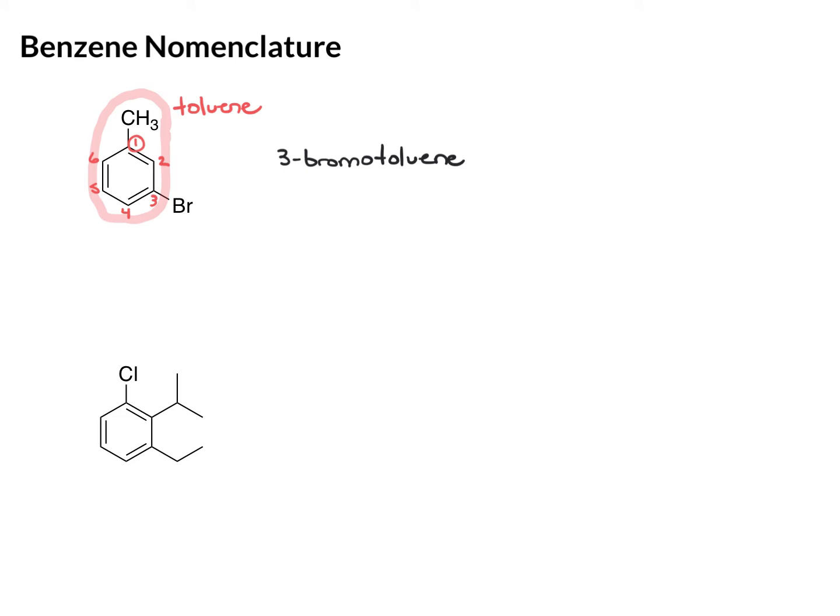You could also not use the numbering because it's a di-substituted benzene, and instead call this meta-bromotoluene. Or shorten it and just write m-bromotoluene.